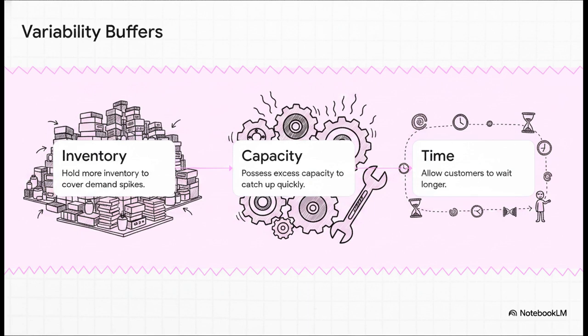You must either hold massive, expensive inventory to cover those unpredictable spikes, or you have to buy excess capacity. And by that, I mean buying expensive machines or hiring labor that literally just sits idle half the day, just so they're available to catch up when things inevitably go wrong. You cannot escape this physical law. You can only choose which buffer you are willing to pay for.